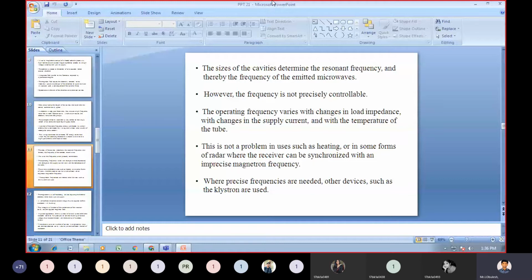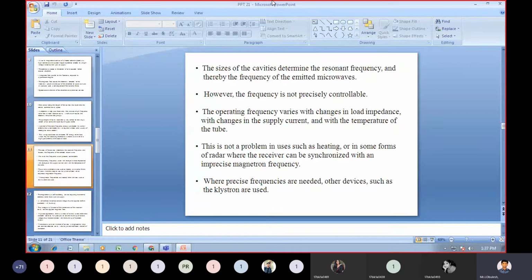Which means that the operating frequency varies with respect to the load impedance, supply current and the temperature of the tube. If these parameters change, the operating frequency will also change.